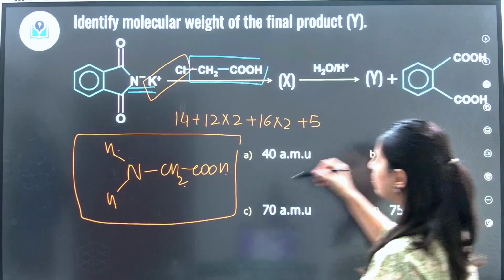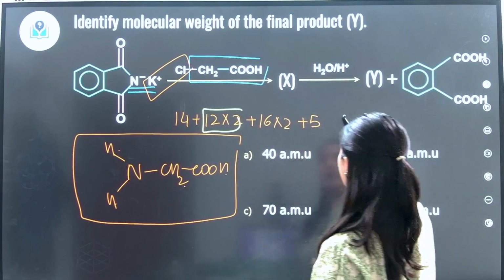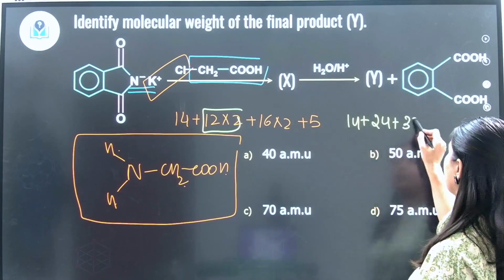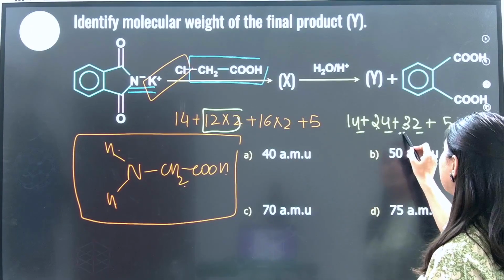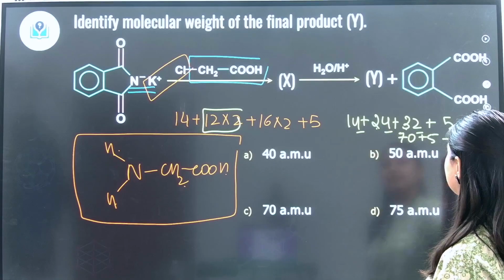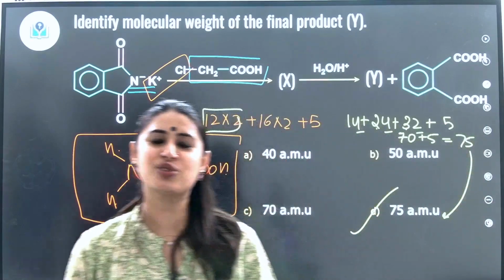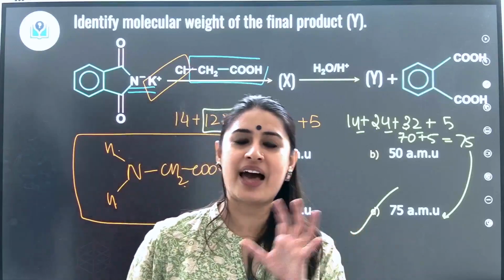Let's do the calculations: 14 plus 24 plus 32 plus 5. So 70 plus 5, that means 75 AMU becomes your answer. Interesting question based on Gabriel phthalimide synthesis.